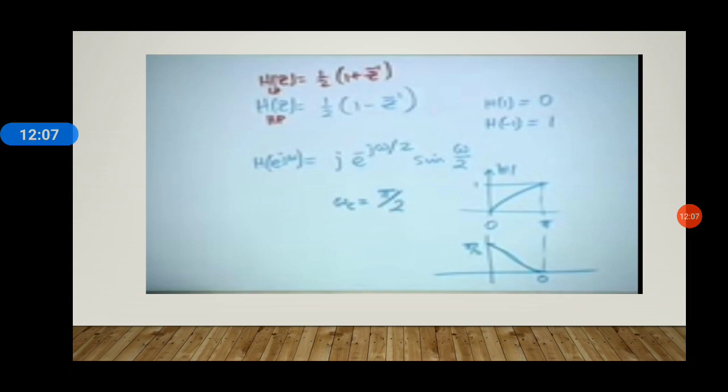So it is a high pass filter. And H(e^j omega) we can write as j e to the power minus j omega by 2 sine omega by 2. So here also the magnitude would be 1 when omega is equal to pi, because sine pi by 2 is 1, and the magnitude is 0 when omega is equal to 0, and omega c again is pi by 2.